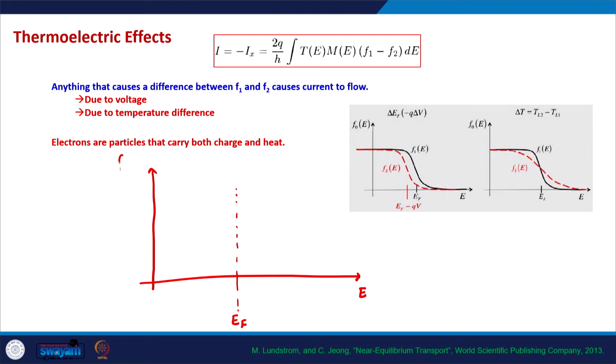We are plotting the Fermi function as a function of energy, and at temperature TL1, this is how the Fermi function will look. If TL2 is greater than TL1, in that case this Fermi function will be even more broadened. Let me redraw it.